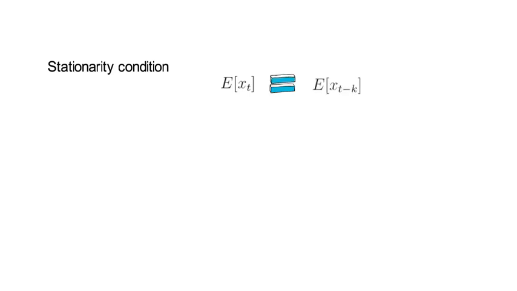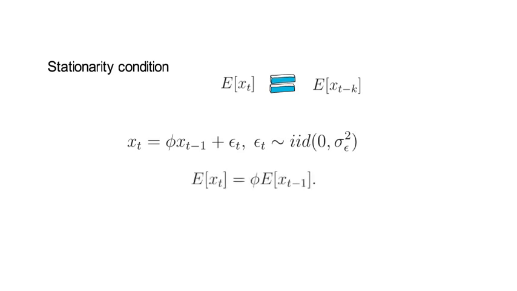So hence, if x_t follows an AR(1) process, as in the next equation, then we can put the expectation sign on the left and on the right, and we end up with the expectation of x_t equals phi times the expectation of x_{t-1}.